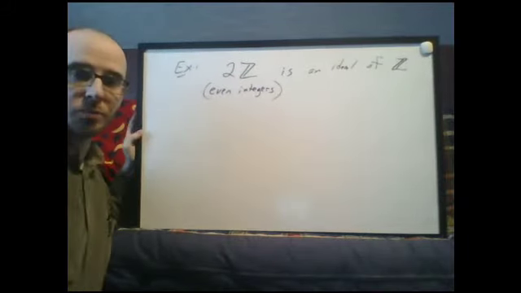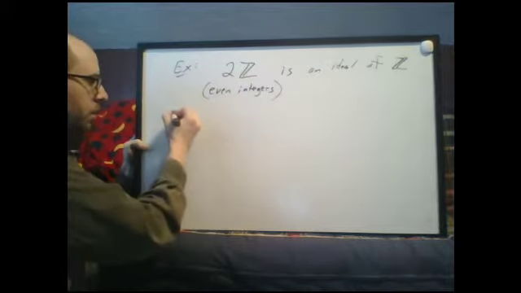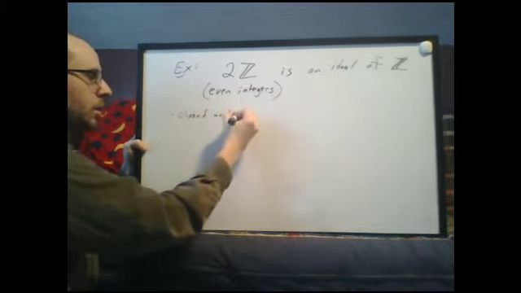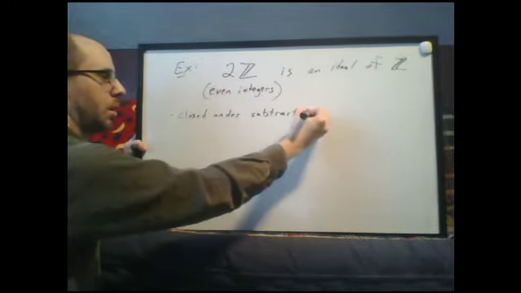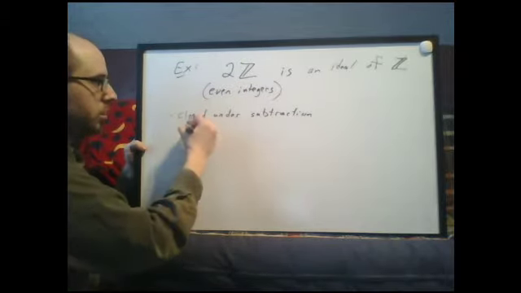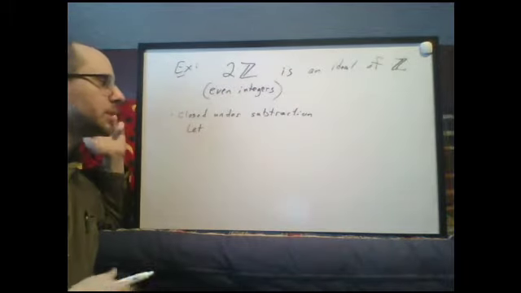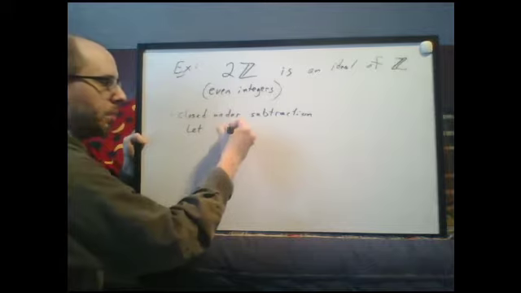Okay, so let's just run through the ideal test for this easy example. First, it's closed under subtraction. Let's show this is closed under subtraction.